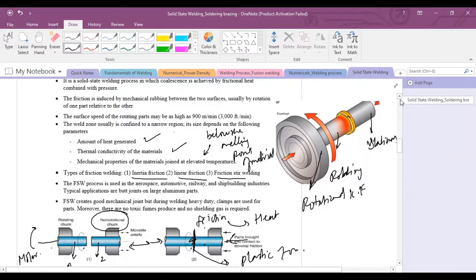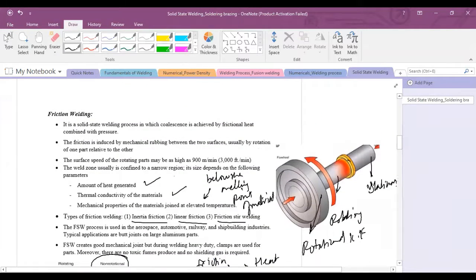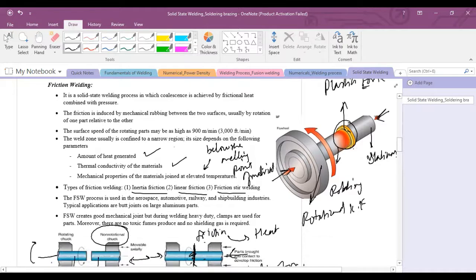That frictional heat will be responsible to bring this interface into the plastic zone. When both surfaces go into the plastic zone, axial force will apply from both the ends, and due to this force, a joint will form at the interface of the base metals.